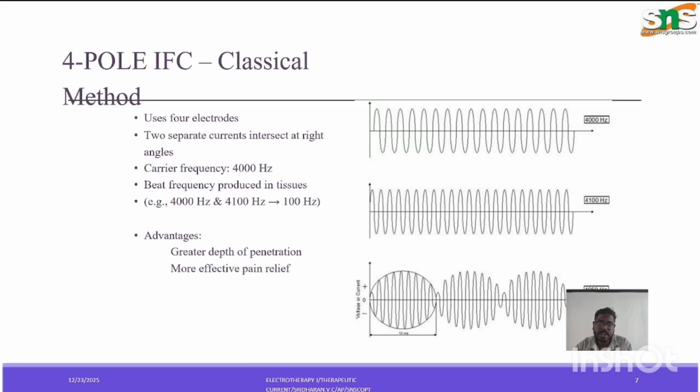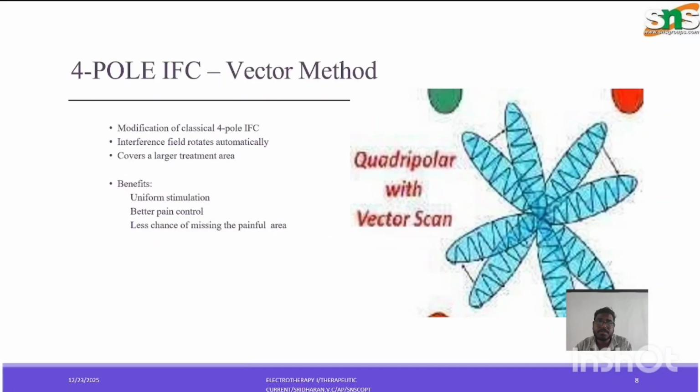For example, 4000 hertz and 4100 hertz give a 100 hertz effect. Here, this 100 hertz is denoted as the beat frequency. The advantages of the four-pole interferential current are greater depth of penetration and more effective pain relief.